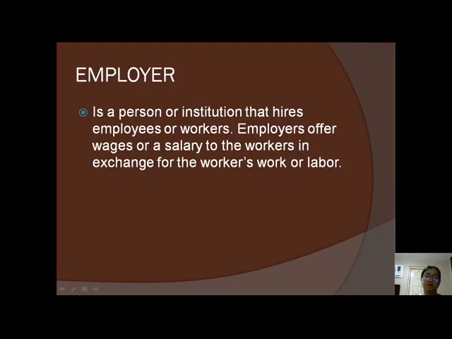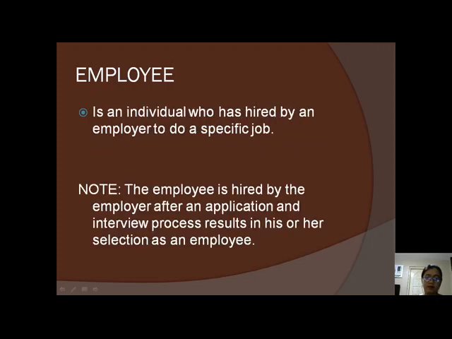Okay. So the employer is a person or institution that hires employees or workers. Employers offer wages or a salary to the workers in exchange for the workers' work or labor. While the employee is an individual who was hired by an employer to do a specific job. So the employee is hired by the employer after an application and interview process results in his or her selection as an employee.